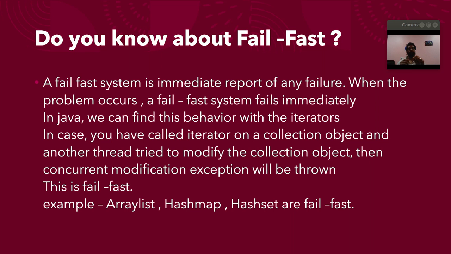But if the iterator itself tries to remove an element, you know that the Iterator interface has a remove method, which is used to remove an element from that collection. So if the iterator removes it by calling its remove method, at that time the iterator will not fail. But if any third party thread tries to modify that collection, then it will fail. Okay, so this is the catch. I hope you understand the point.